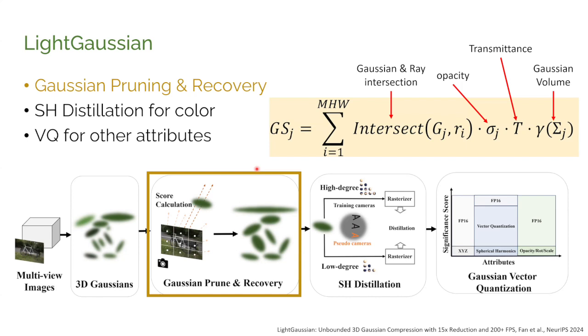They developed a technique to tell which Gaussians are important. They call it Gaussian significance, and they consider a lot of information here. Intersection means how many pixels that particular Gaussian actually affects when rendering, and they also consider opacity, transmittance, and Gaussian volume.